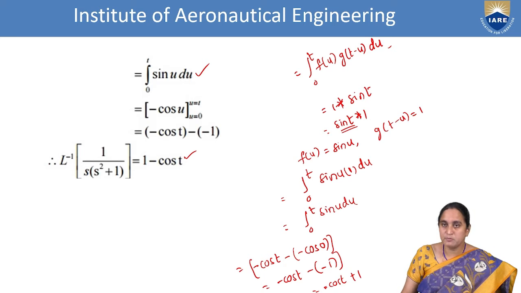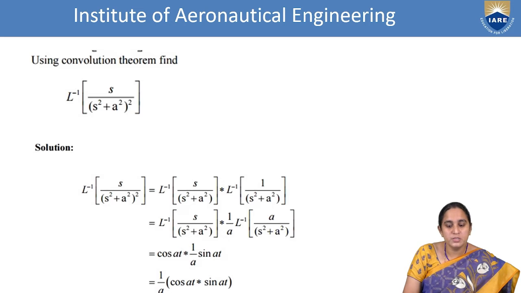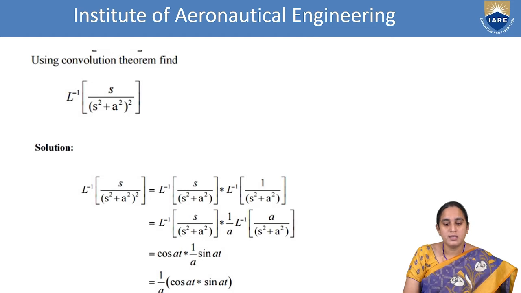These two are very simple questions. Next, I'll explain one more question on the convolution theorem. Using the convolution theorem, find the Laplace inverse of s by s square plus a square whole square.